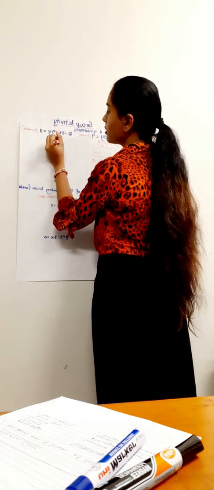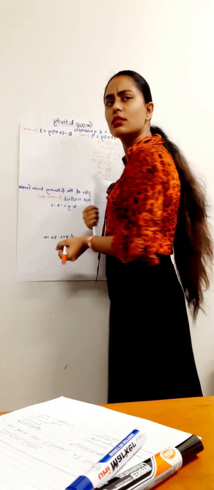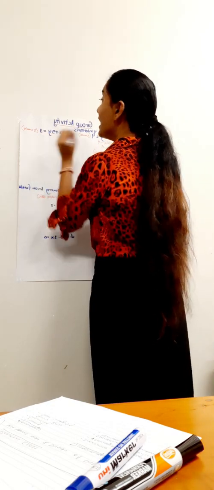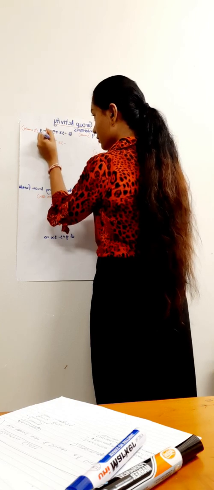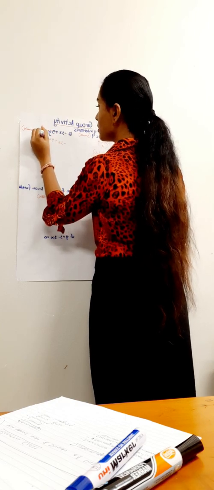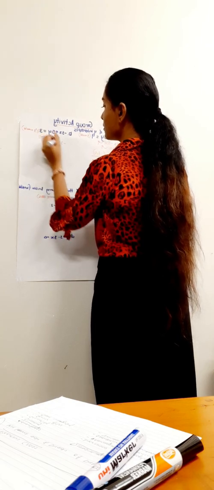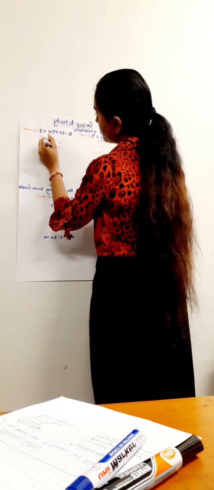Negative 3x plus 5y is equal to 30. Right? Then negative 3x plus 5 into 0 is equal to 30.